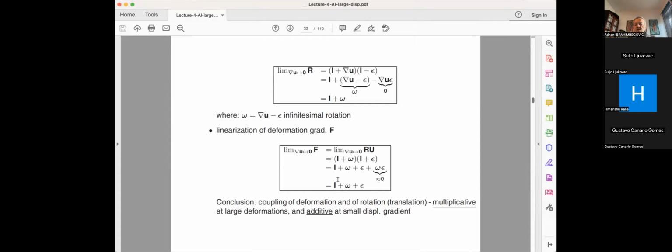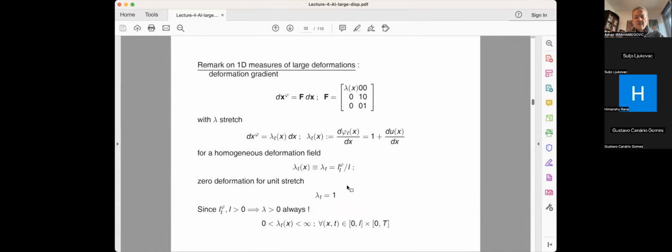And then basically you have translation plus infinitesimal rotation plus deformation. So in one case it's multiplicative, and in the other additive, and that's what makes things a little bit more complicated in finite deformation.